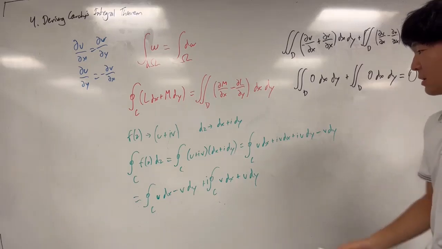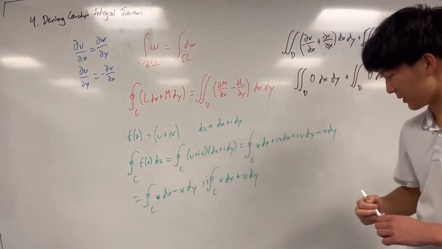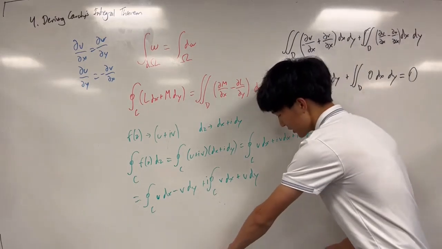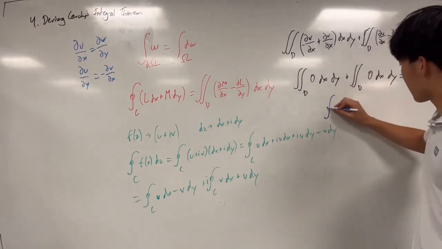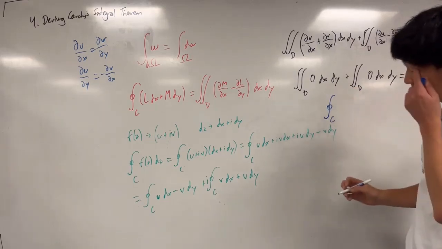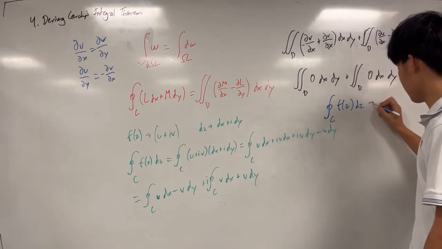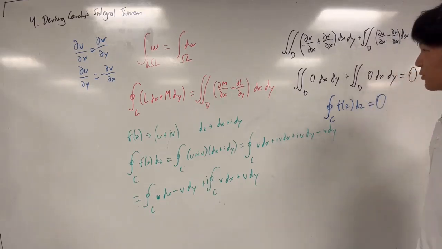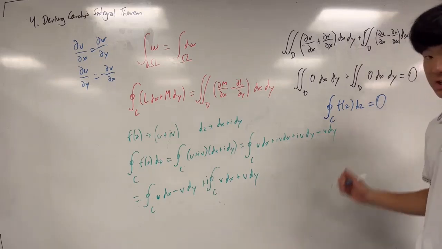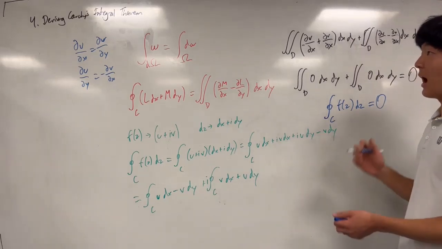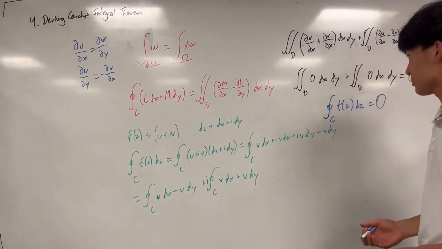And remember again that this was the integral over C of f of z dz. So we get this interesting result: the integral over a closed loop C of f of z dz equals 0, provided that f of z is holomorphic over the region bounded by C. And this is one of the most fundamental results in the field of complex analysis.